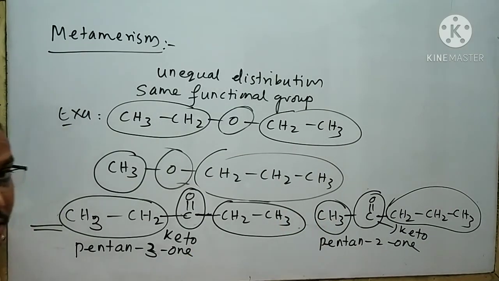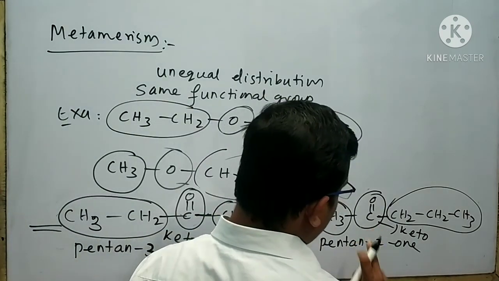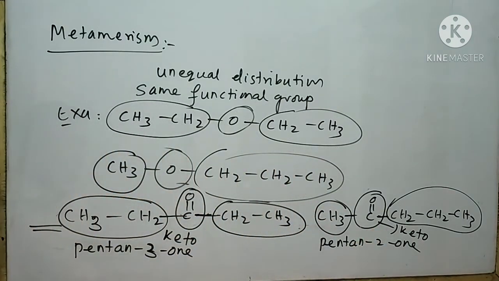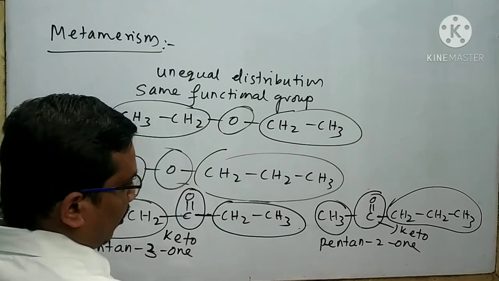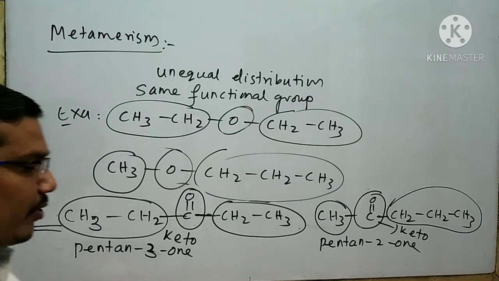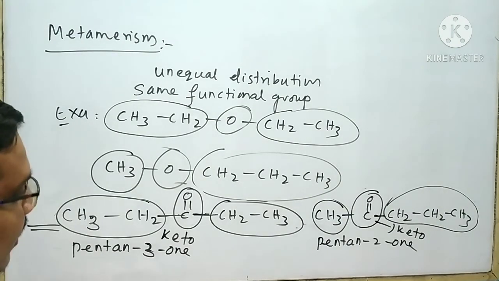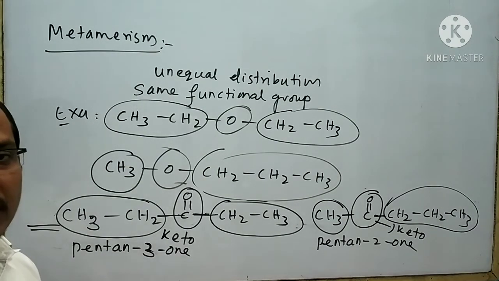Here the position of the ketone is 3. Here the position of the ketone is 2. So these two compounds are also said to be positional isomers of each other. So remember an important point: metamerism is a special case of positional isomerism.